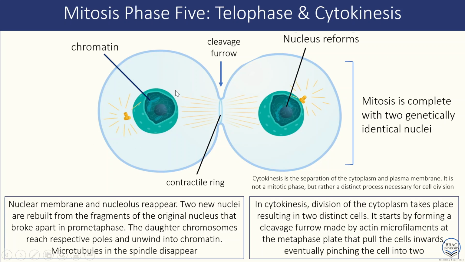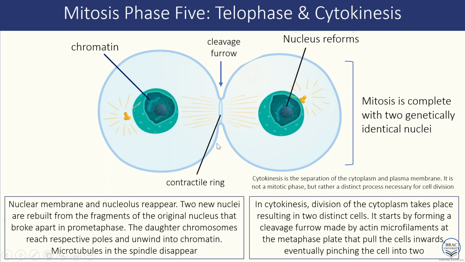The nucleus mainly reforms again, and you can see the mitotic spindle is not that visible. That means it is disassembled, and there is one centrosome with two centrioles at each side of the cell, and also the formation of the cleavage furrow.